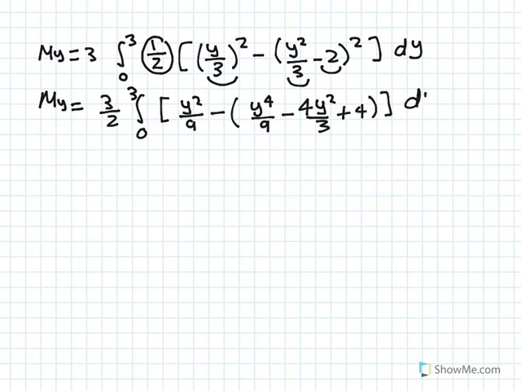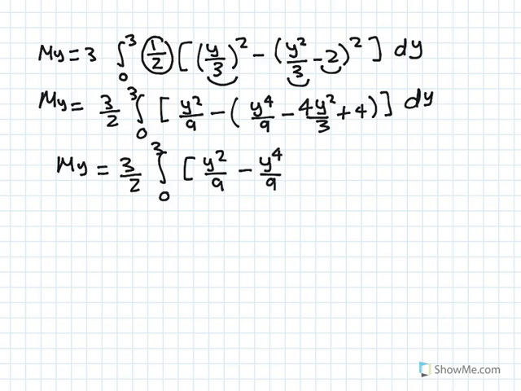All integrated with respect to y. Simplifying further, we have 3/2 integral from 0 to 3 of y squared divided by 9, minus y to the 4 divided by 9, plus 4y squared divided by 3 minus 4, close off the bracket, and integrate with respect to y.